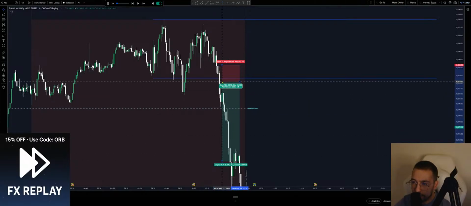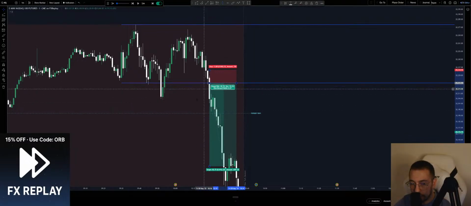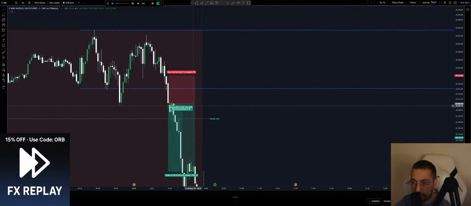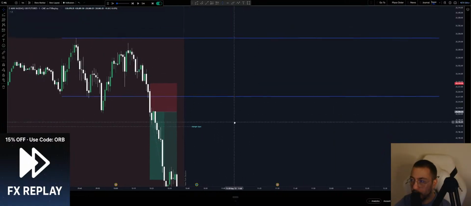Your risk to reward is gonna be less. A market order might be your stop, but a limit order might be a break-even trade, because it's faster to go to your 1-to-1, and also a bigger risk to reward. That is why I don't like entering market orders instantly.